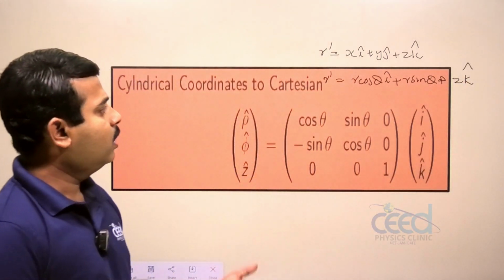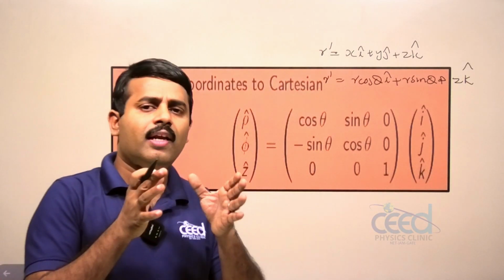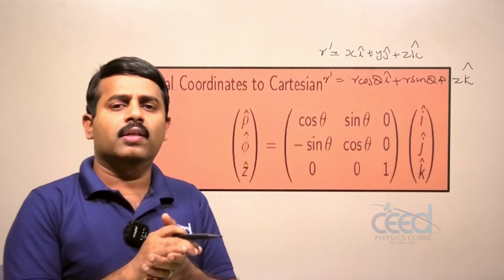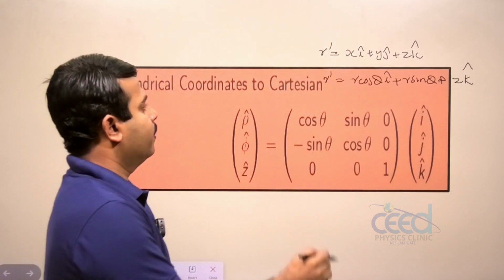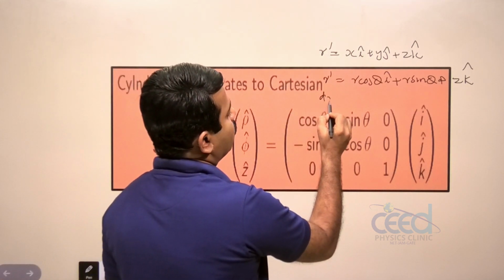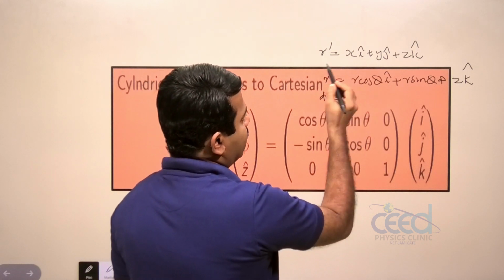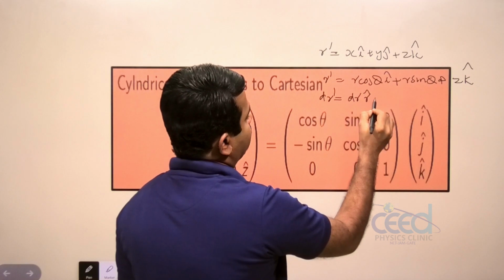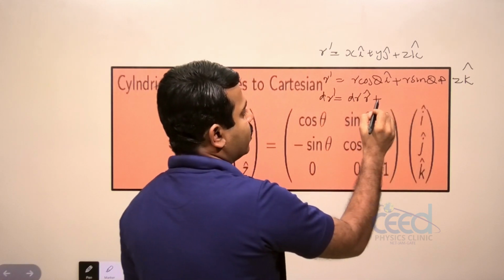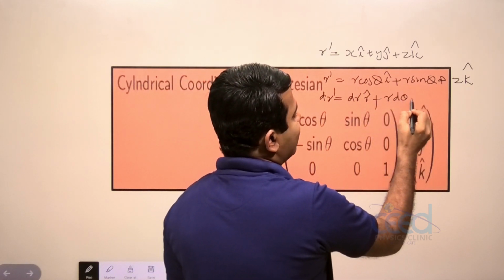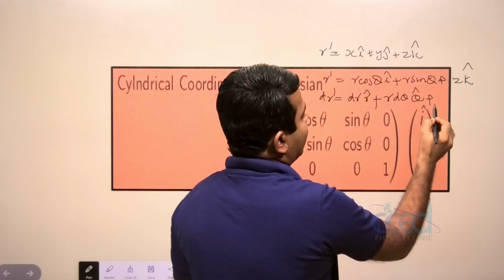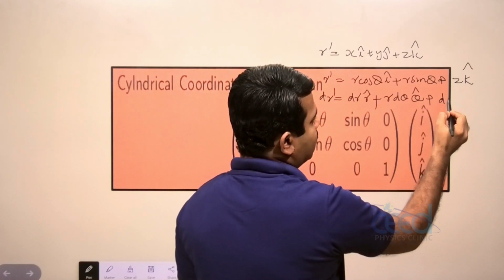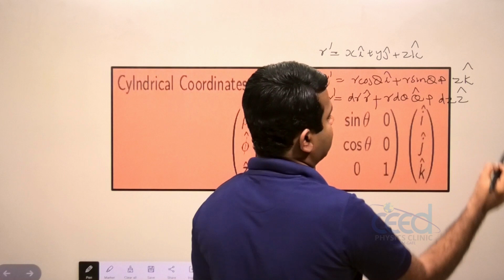So now what is the length element we studied in cylindrical coordinates? That is dr' is equal to, in the direction of r, dr increasing, dr r cap, in the direction of theta, r d theta theta cap, and in the direction of z, dz z cap.